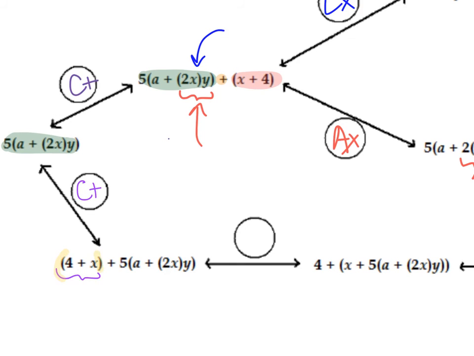So before it was around the 4 and the x. Now it's around the x, the whole thing really. So the parentheses have changed, which automatically tells me that this is the associative, and it had to do with the 4 plus x plus 5, so associative addition.